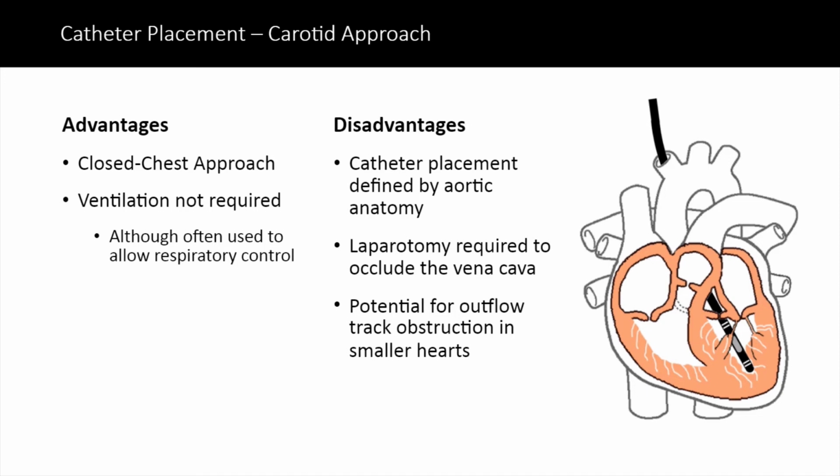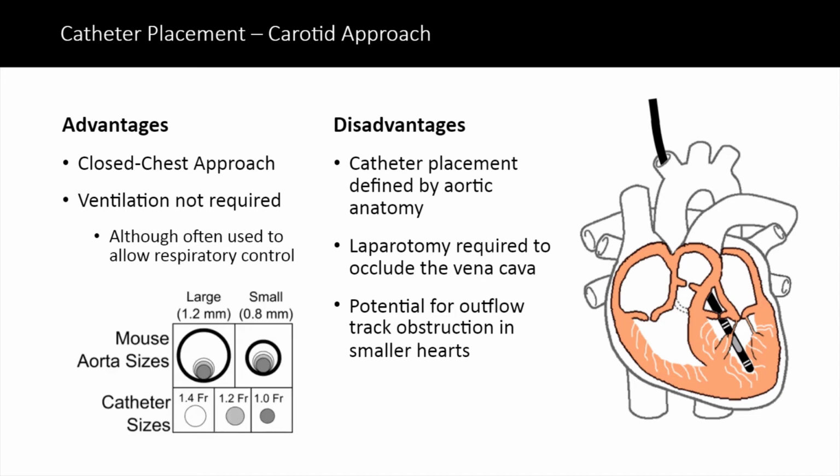The other thing that is an issue, especially in smaller hearts, is this idea of outflow tract obstruction. We came across this problem when we had a transgenic mouse, and the transgene, for whatever reason, resulted in the mouse having a relatively smaller heart.